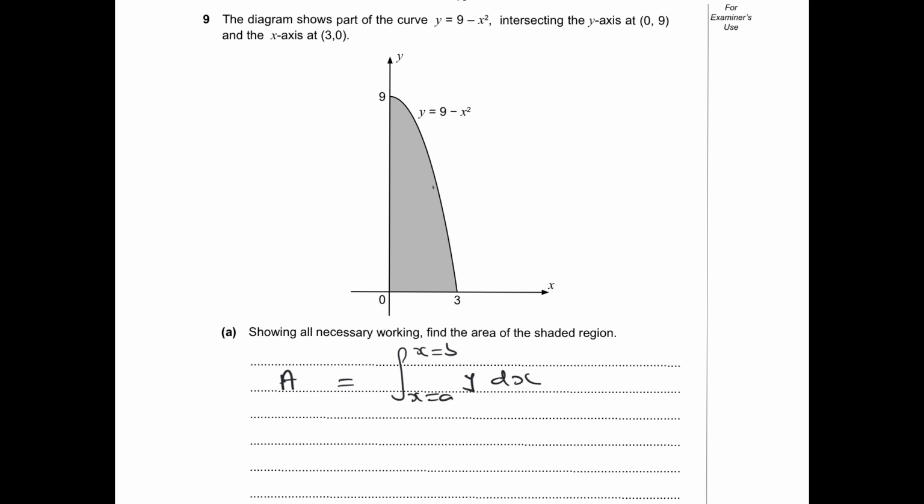Why is it like that? Because if we take a template part there, that looks like obviously a rectangle, and that will be the same throughout. With that, I'm sure you can see that this is dx and that is y.